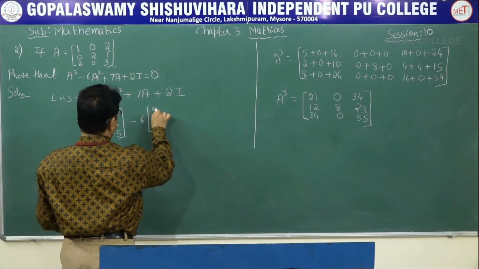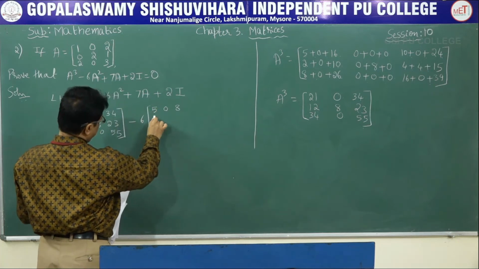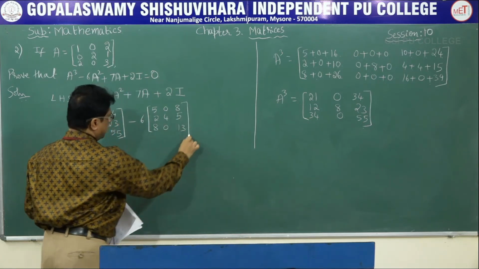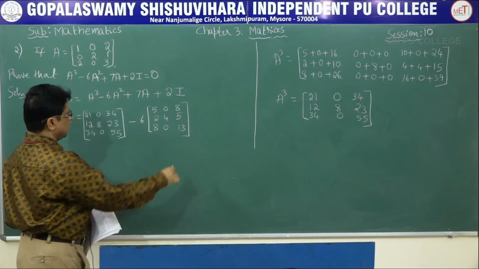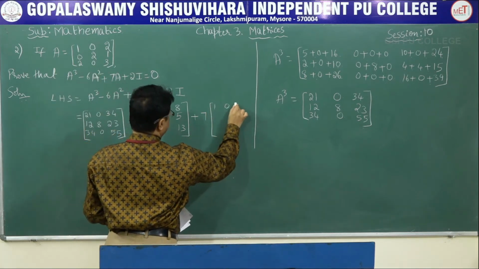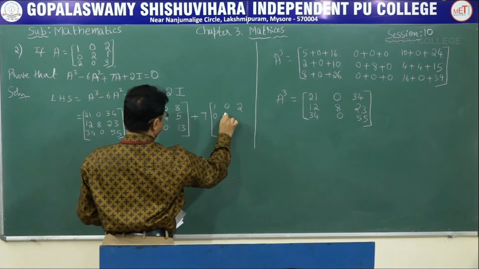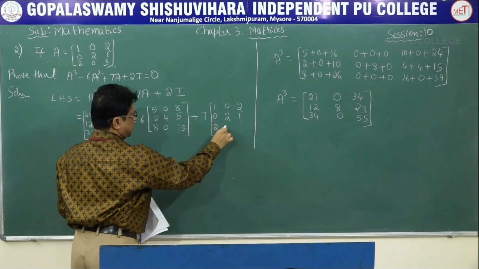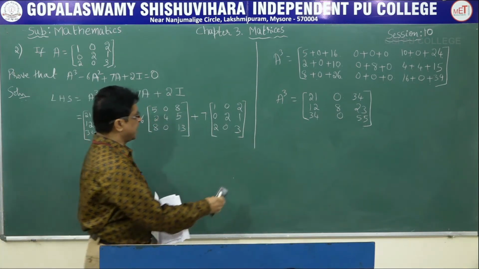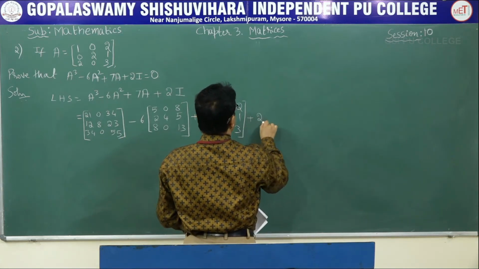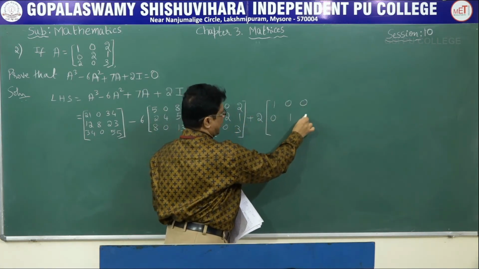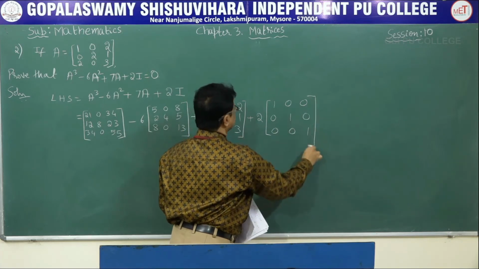So A square is 5, 0, 8, 2, 4, 5, 8, 0, 13, plus 7 times A. A is the given matrix 1, 0, 2, 0, 2, 1, 2, 0, 3, plus 2 into I. I means the identity matrix: 1, 0, 0, 0, 1, 0, 0, 0, 1.